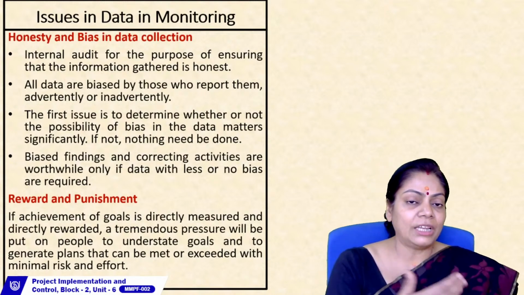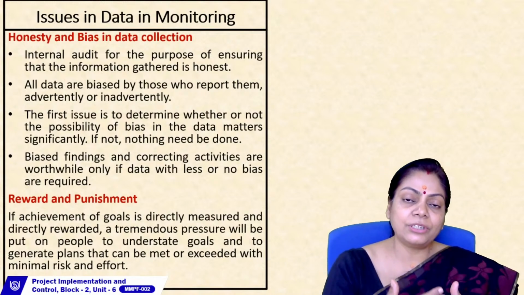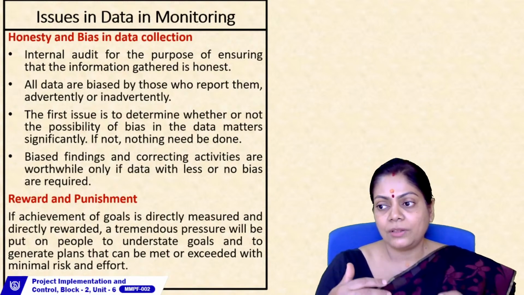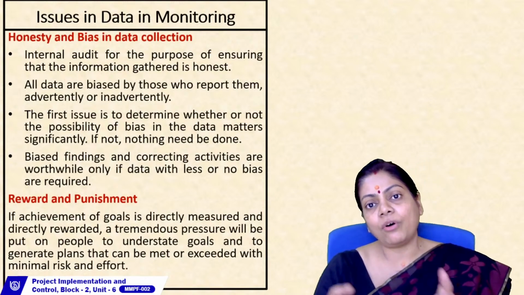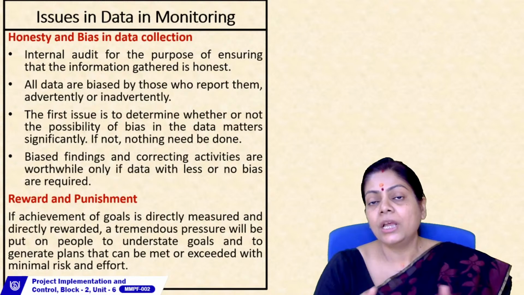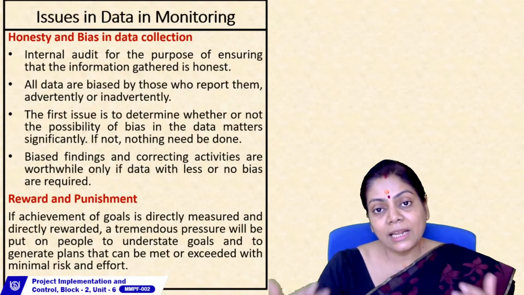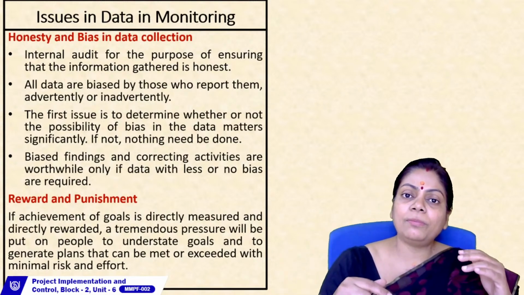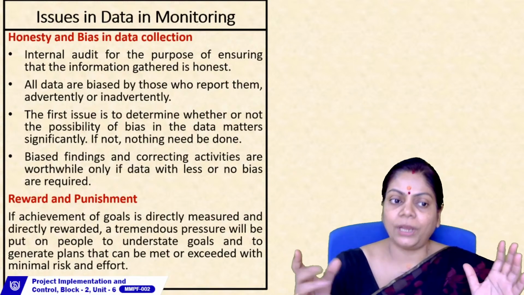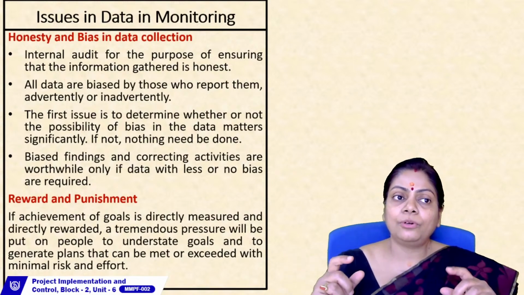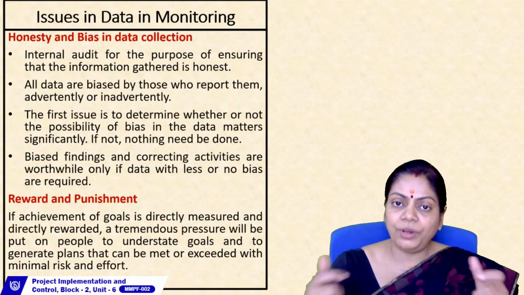We can have various measures to find out whether the data has actually been collected or has been manipulated. But whether individual bias has crept into the data, there is no way of knowing. But the issue is, do we need to know or do we need to correct?